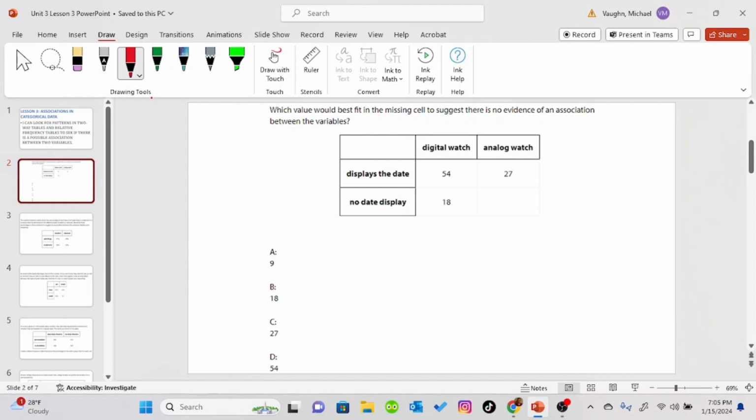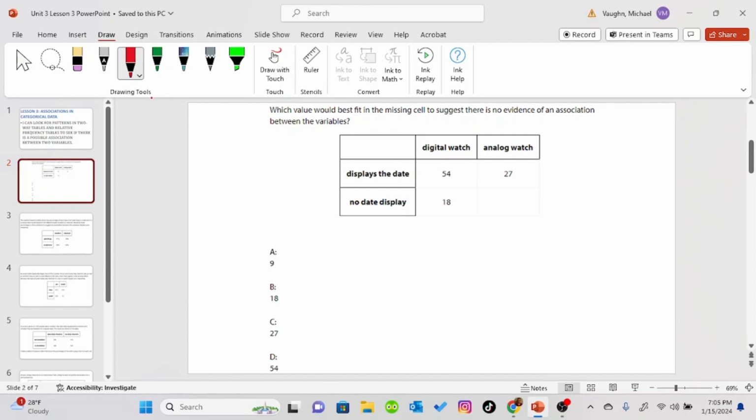Because if the proportions are similar, then it would show that it doesn't matter whether there is a digital watch or an analog watch. It should be just as likely that the watch either displays the date or does not display the date.